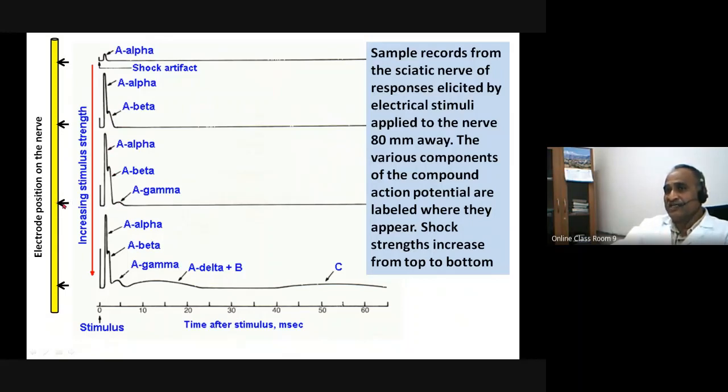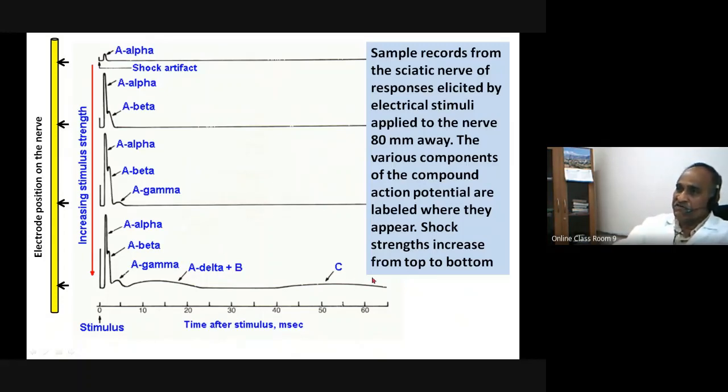As I keep the recording electrode at the last or almost last position, I shall be able to resolve these: one, two, three, and this is four. This is A delta, or B, not plus, in the case of a sciatic nerve.